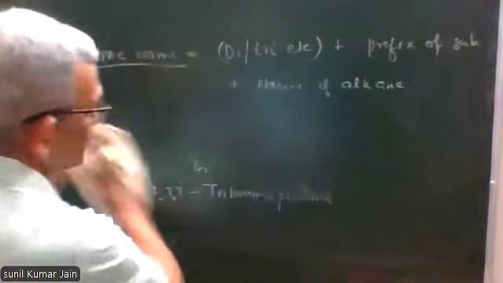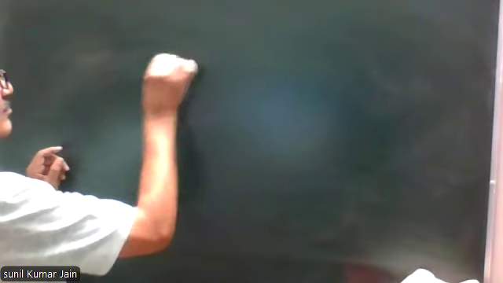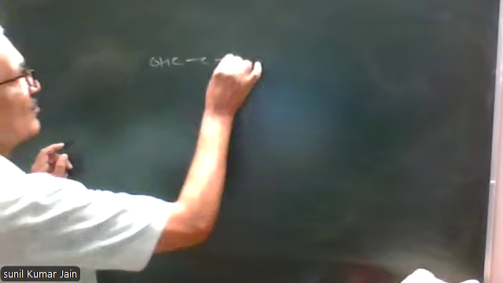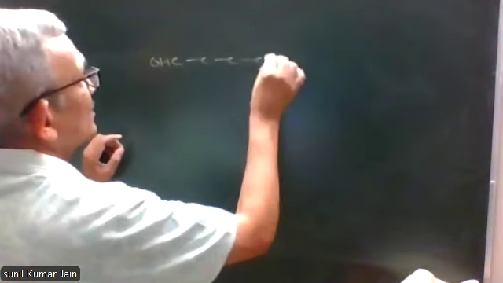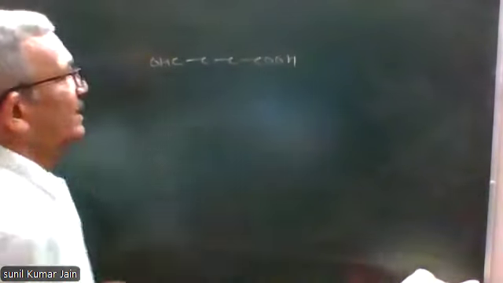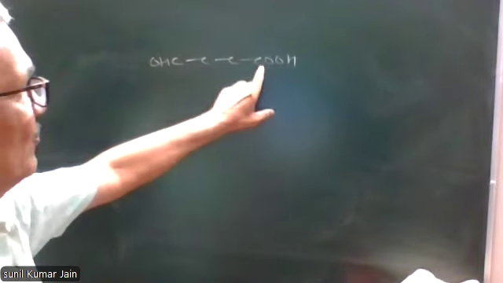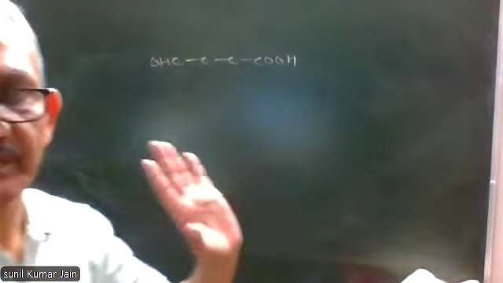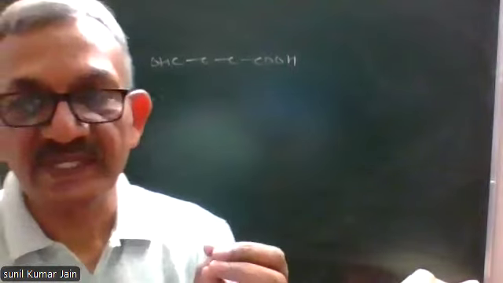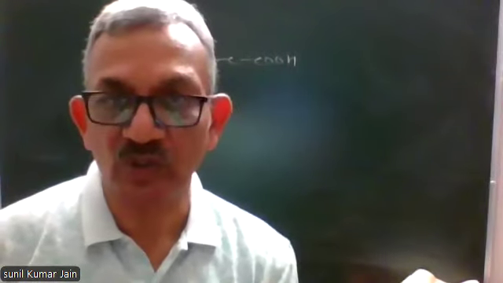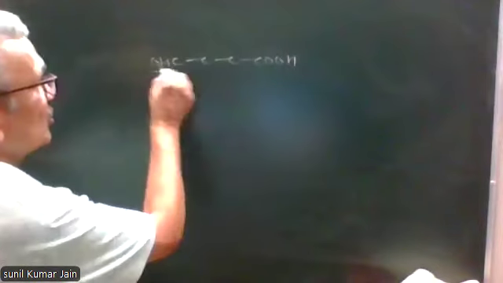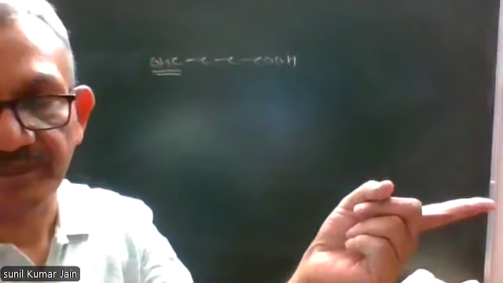For example, it's a very simple compound, a chain of 1, 2, 3, 4 carbon atoms. The COOH group is assigned more preference than the CHO group, and CHO is a part of the longer chain.